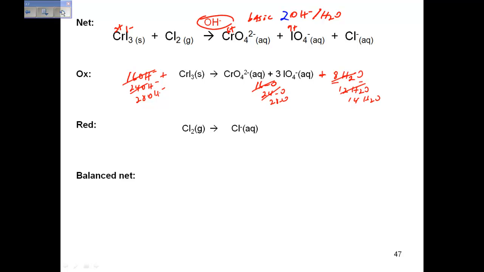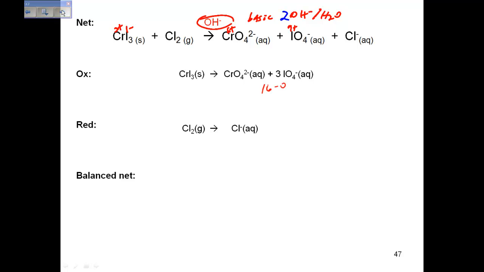Okay, as I said earlier when we're talking about the rules, I know that this is going to happen, so instead of going back and forth, which you're going to go back and forth another 2 times before you get to the correct answer, anytime my hydrogens are balanced and I'm trying to balance my oxygens in my basic solution, I'm going to basically say, okay, how many oxygens do I need? In this case, I needed 16 oxygens.